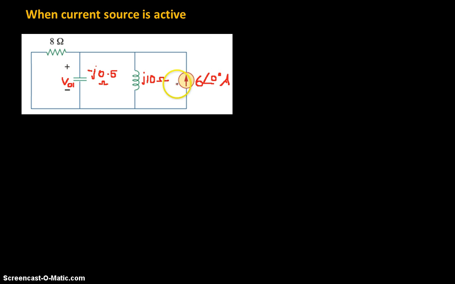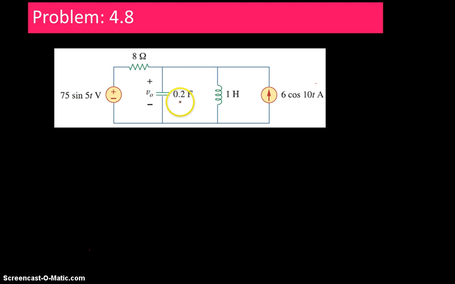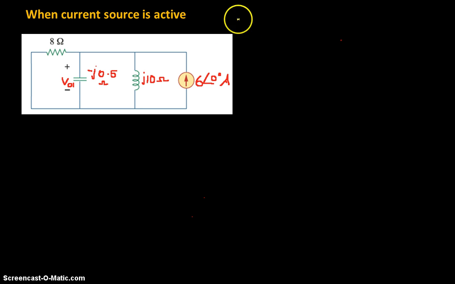When we look back here, the inductor and capacitor are not in frequency domain, so we have to change that into frequency domain using the frequency here. Omega will be equal to 10 radian per second. So calculate the inductor and capacitor in frequency domain.